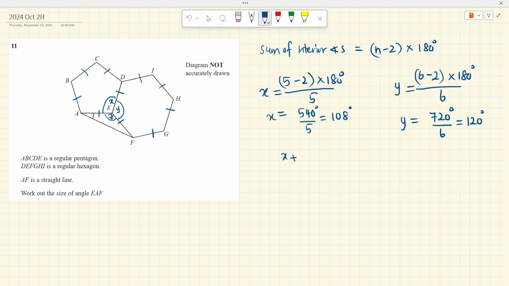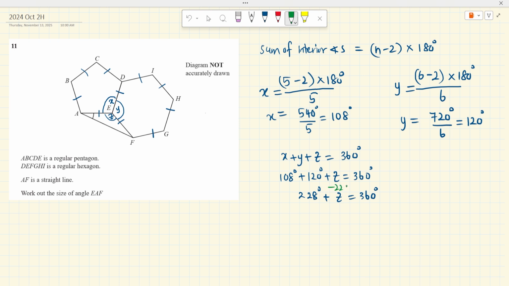So we know at a point, angles are added up to 360. So x plus y plus z equals 360. x equals 108, y equals 120, plus z equals 360. 108 plus 120, that is 228, plus z equals 360.